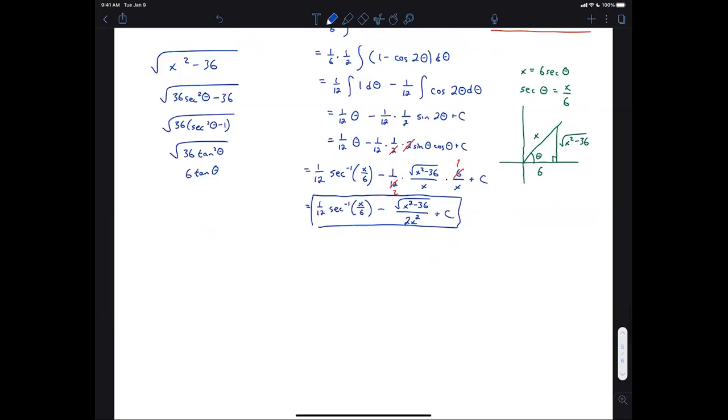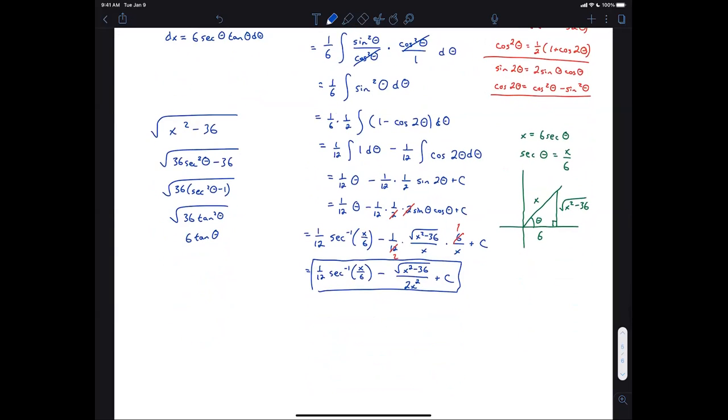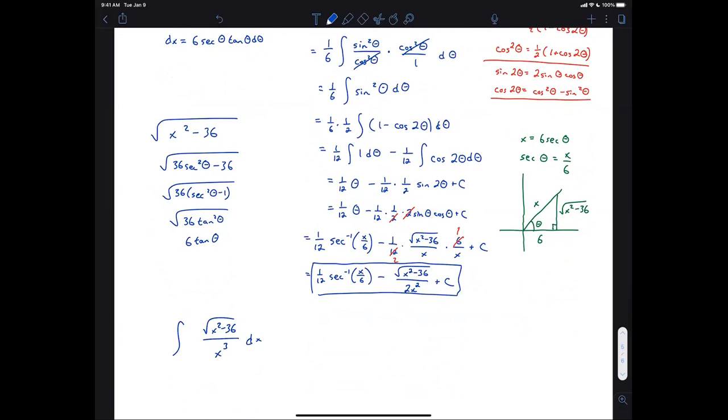So if I was doing this problem, I think it was that, right? Yeah. Let's say from 1 to 3. Oh man, we can't do that. Let's do from 6 to 10.